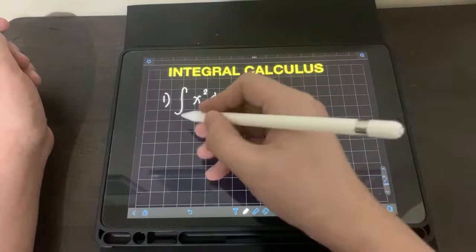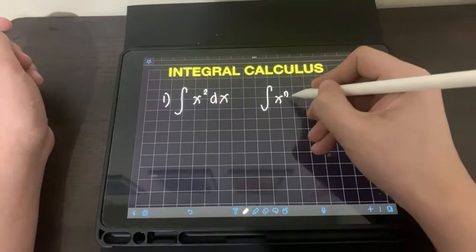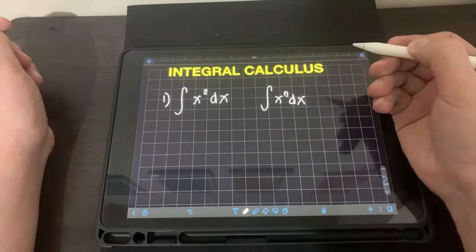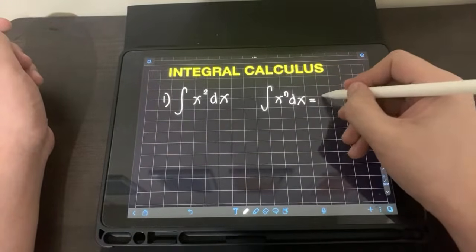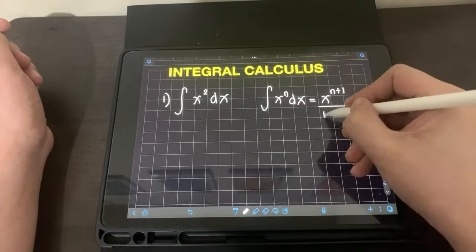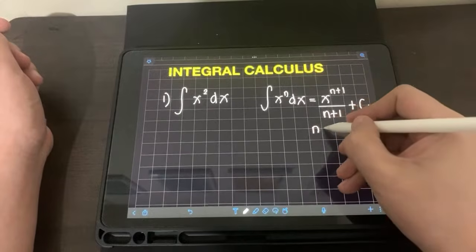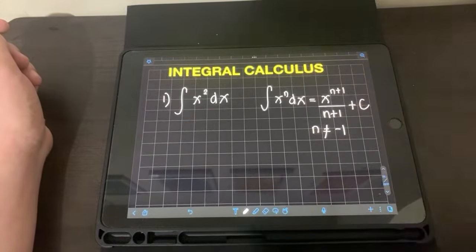So, integral of x raised to n dx is equal to x raised to n plus 1 divided by n plus 1 plus c, where n should not be equal to negative 1.